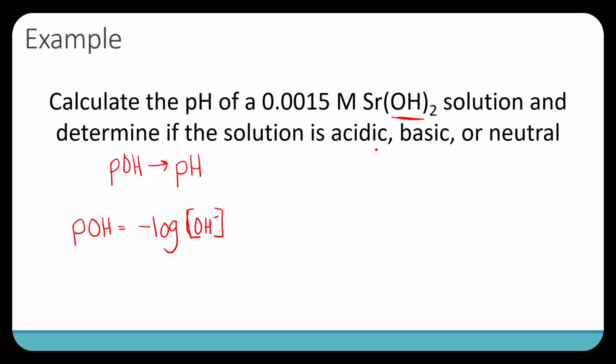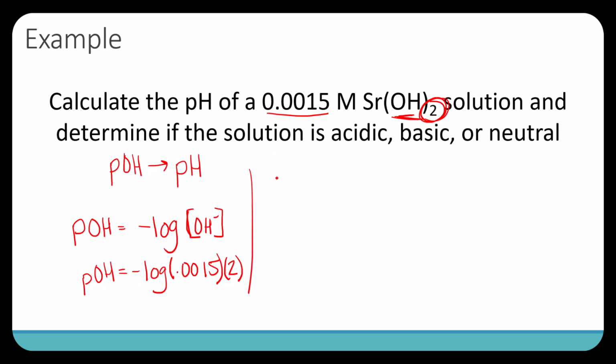With this being a strong base, I know that the hydroxide concentration is the same as the concentration of a strong base, but I've got this 2 to consider. So when determining the pOH, we're going to take the negative log of 0.0015, and I have to multiply that by 2. So for every one of these that breaks apart, 2 of these are created.